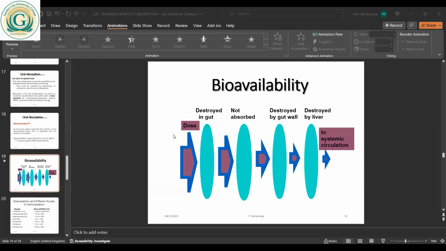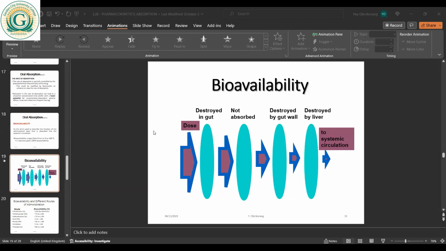Anytime they are developing a drug, all of this is taken into consideration, and so the doses that are recommended for our patients, all of this is taken into consideration. And so when we give the patients the medications, yes, not all of it will be absorbed, but what at the end of the day reaches systemic circulation may be enough to start the therapeutic process.